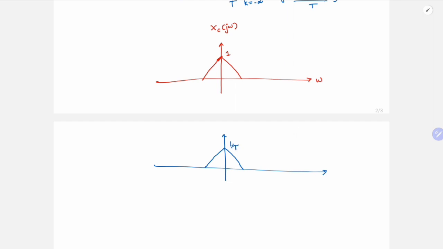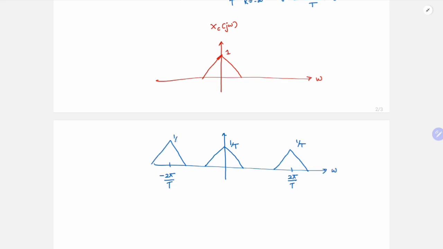If I sample it with T and the time period is sufficiently small, the omega s is sufficiently larger. So my omega s is 2 pi by T. Here again I'll have this thing, and similarly on minus 2 pi by T also I'll have this. So this is omega, and this will be Xp of j omega.